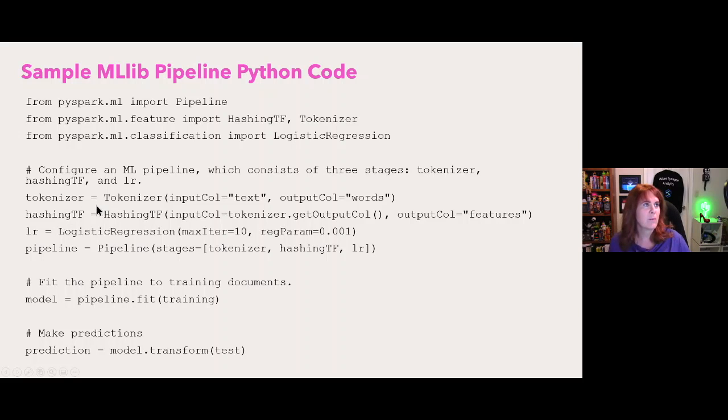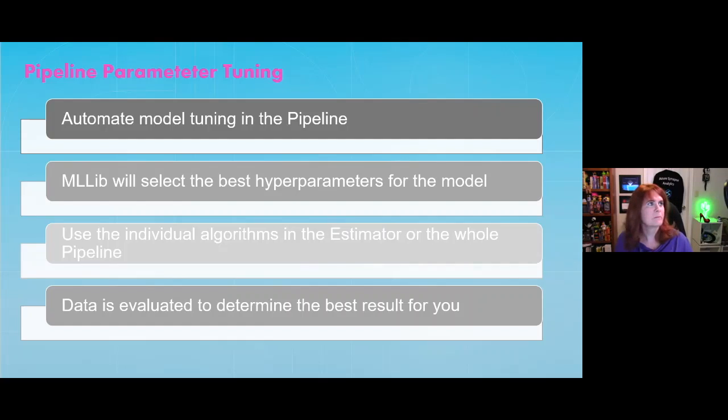I've basically taken some words, looked for features within them, and done logistic regression to see how good I am at guessing. I'm creating my pipeline with my tokenizer, my hashing, and my logistic regression, and then training and testing my pipeline. Pretty simple functionality to do that within Spark.